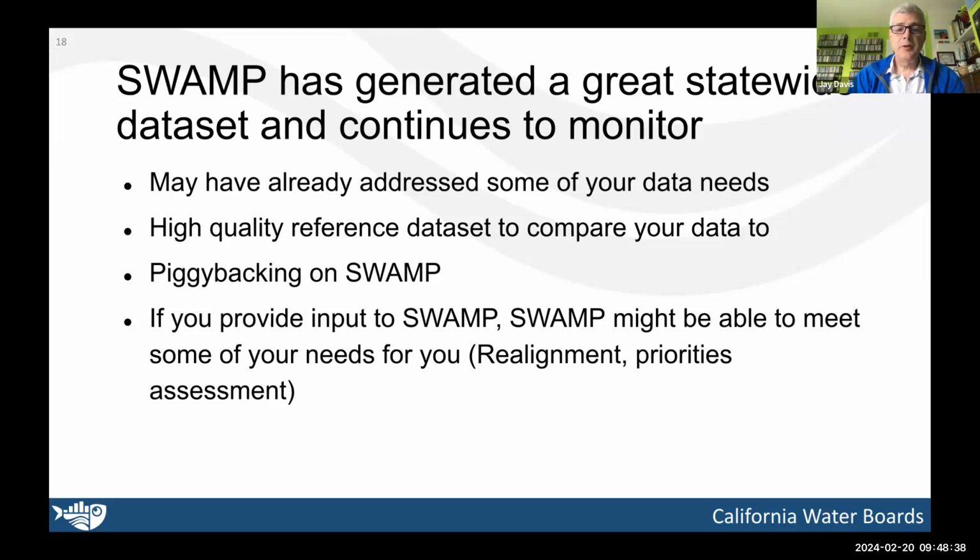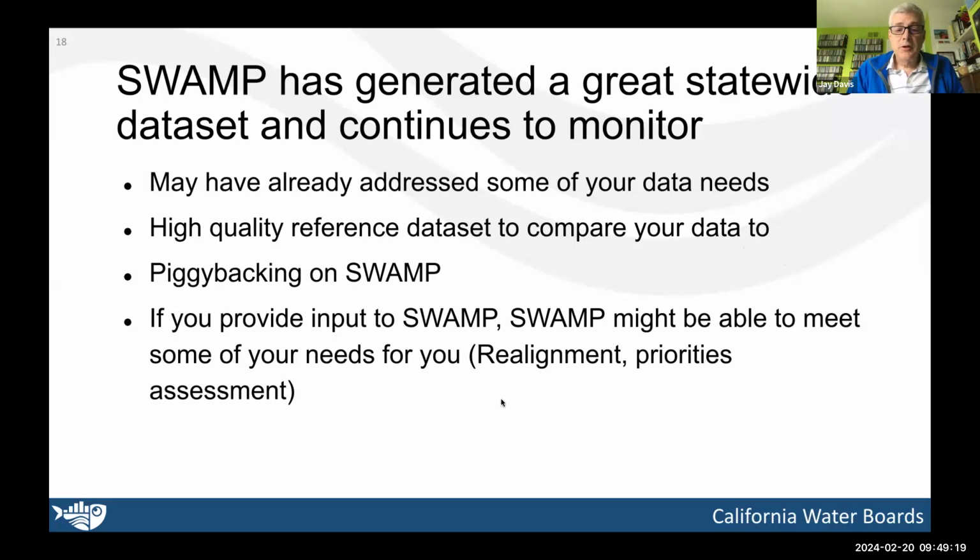There might be ways to piggyback on the sampling that's being done, or the samples that have been collected. And there are also definite opportunities to influence the monitoring that SWAMP is doing. If you're tracking the process, and let SWAMP and the STU know what your bioaccumulation monitoring needs are, SWAMP might do some of the monitoring that you want to have done.